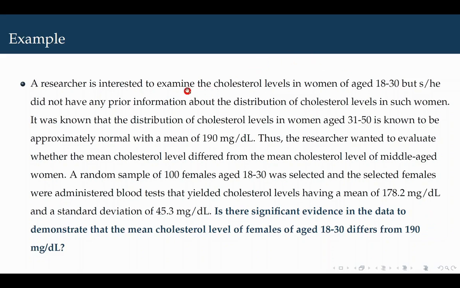So our parameter of interest is the mean cholesterol level in women aged 18 up to 30. The assumed value here is 190, and the sample data is already collected from 100 females, with a mean value of 178.2 and a standard deviation of 45.3.